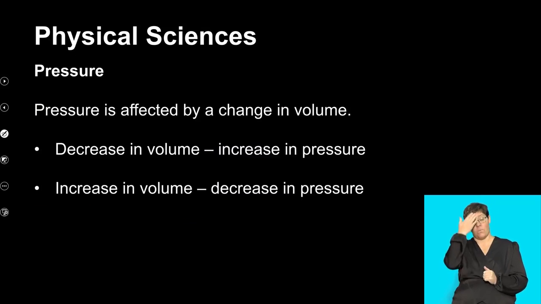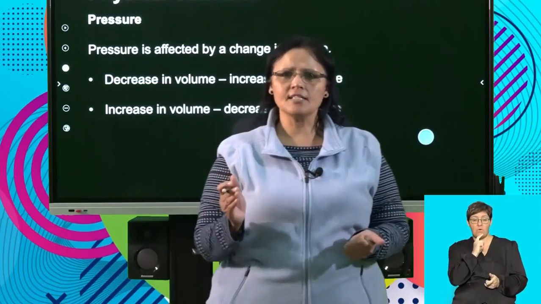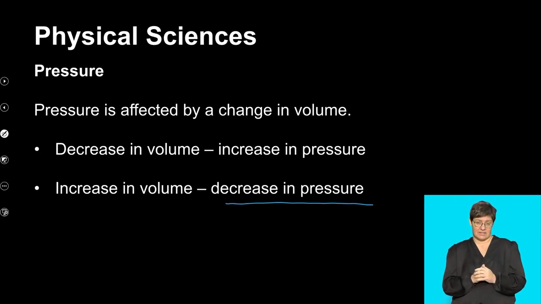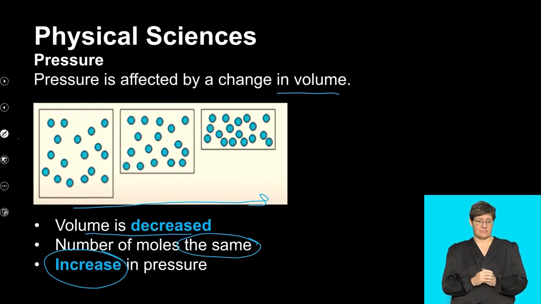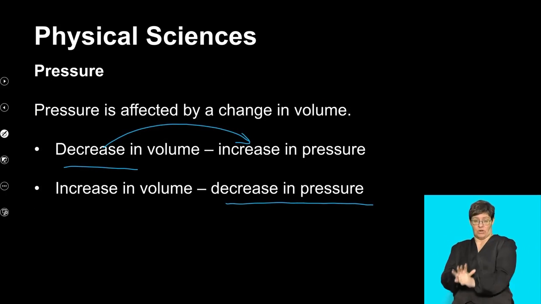So we know that pressure is affected by the volume. As we said, an increase in volume will decrease the pressure, and a decrease in volume will increase the pressure.